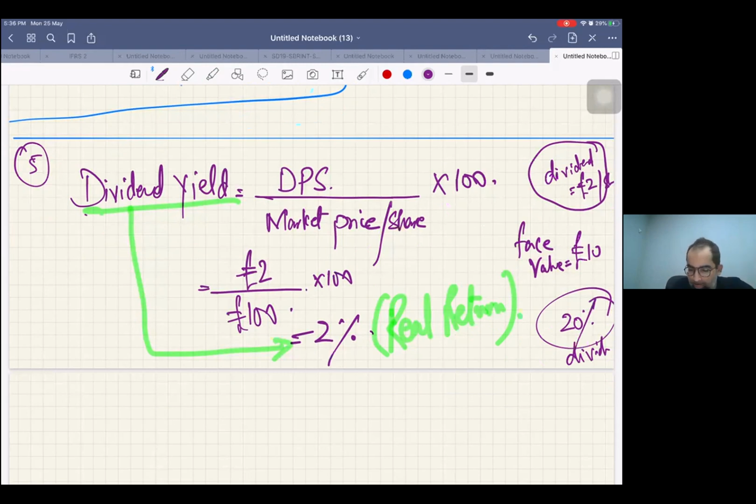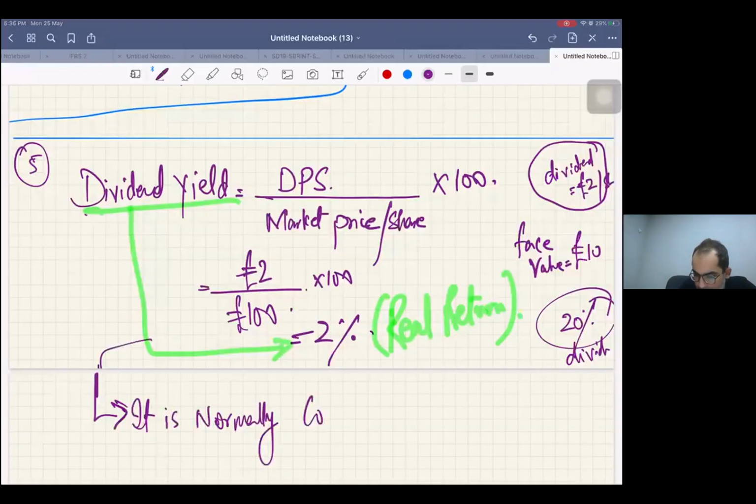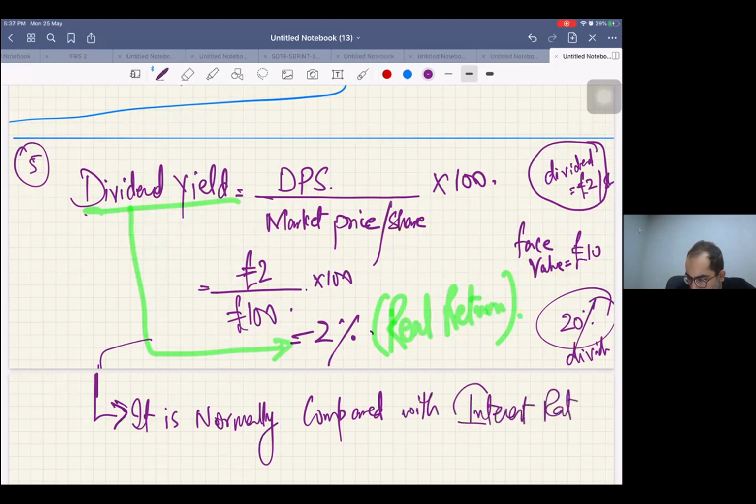Dividend yield is normally compared with bank interest rate, because we have one other option.